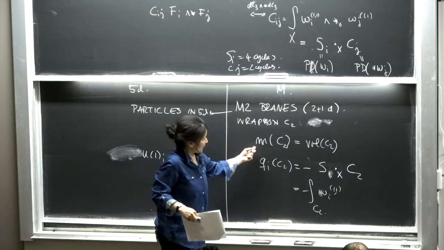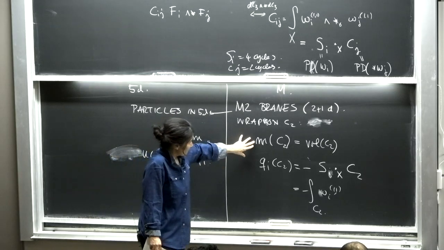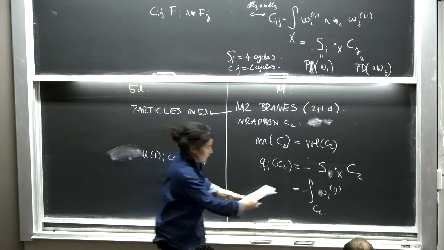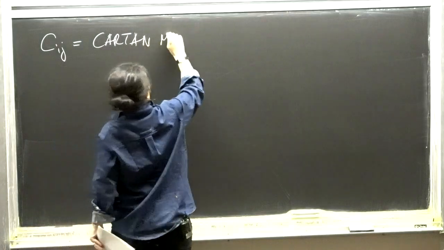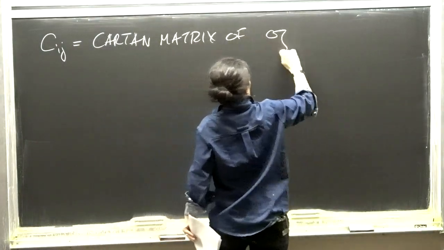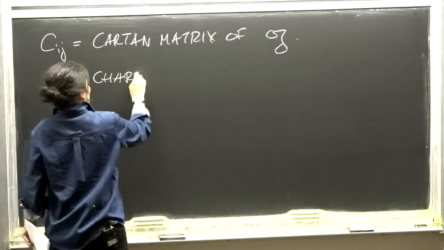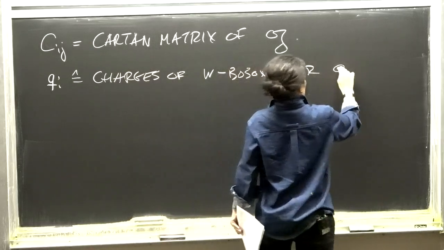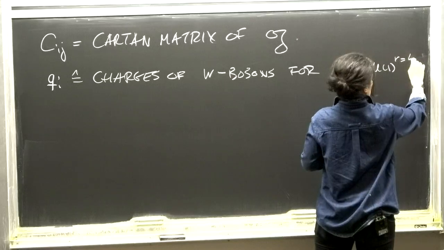We'll have particles. Now, if these curves are finite volume, these are massive particles. But now the beautiful observation is that we can arrange them to be charged so that they have the correct charge to be the W bosons of a non-abelian gauge theory. So if I pick C_ij to be the Cartan matrix of some Lie algebra G, and these Q_i's will be charges of W bosons for G. So G will have sitting inside it some U(1) to the rank, and the rank here is h11.